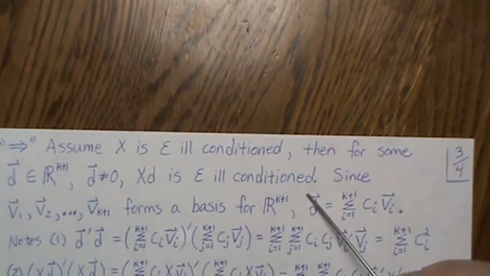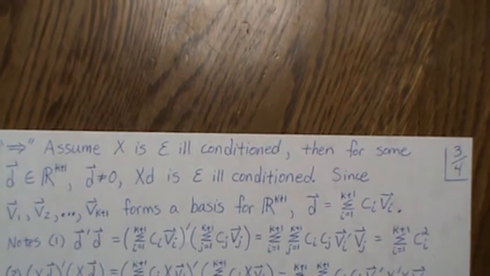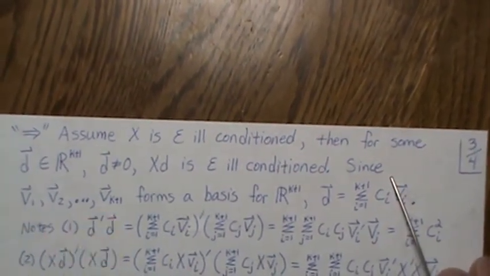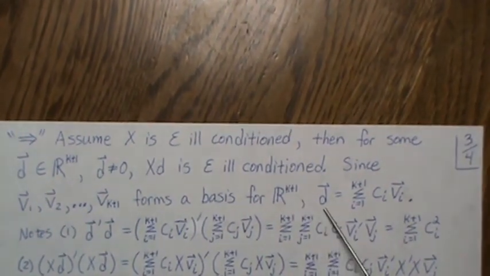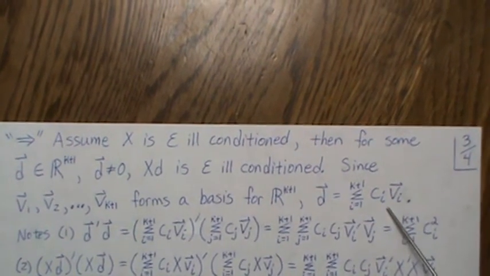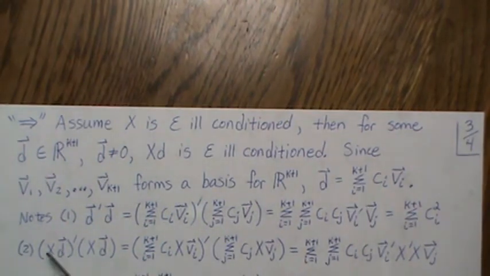Now we need to show that there is an eigenvalue of X transpose X less than epsilon. Now, since the orthonormal eigenvectors form a basis for K plus 1 space, we can write D as a linear combination of those basis vectors. Now let's look at D a little bit before we jump into the proof.